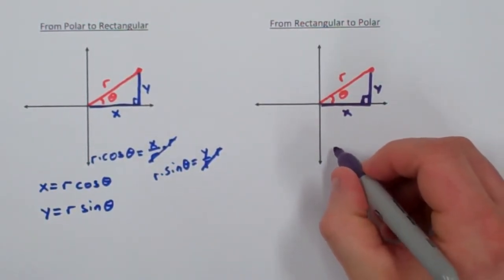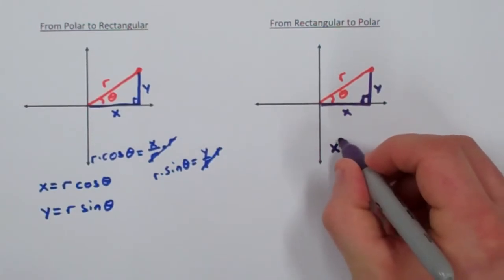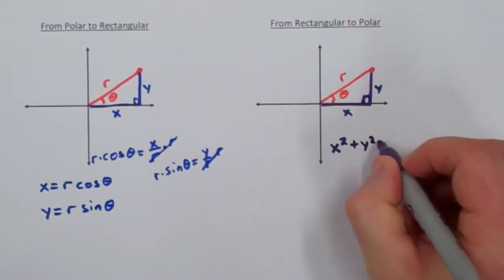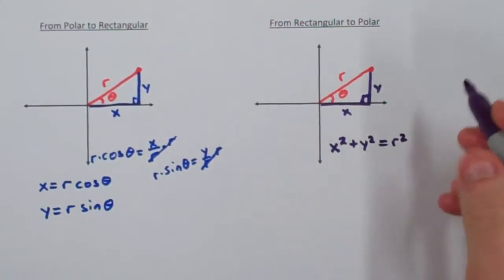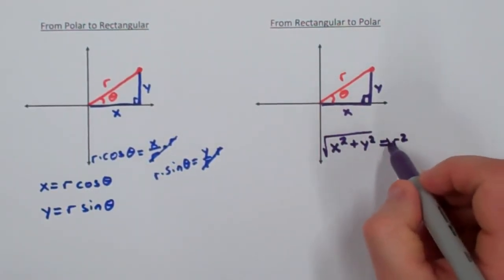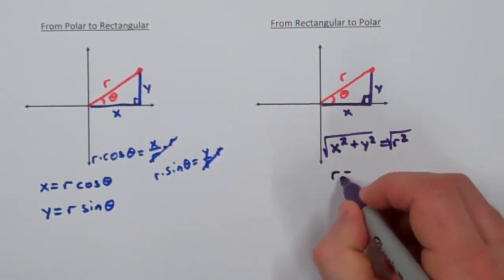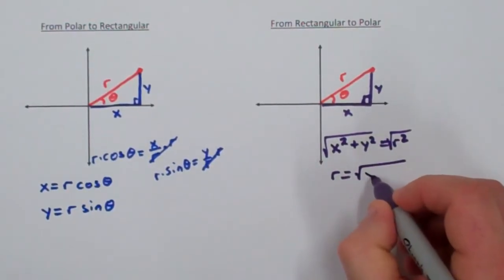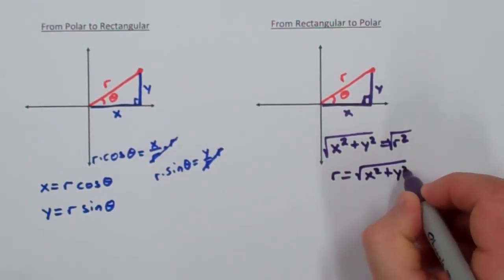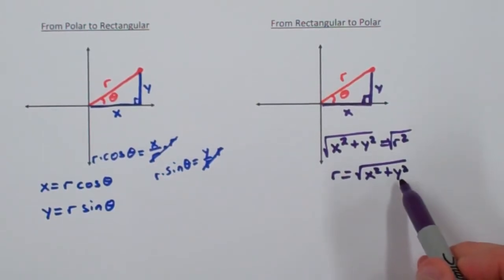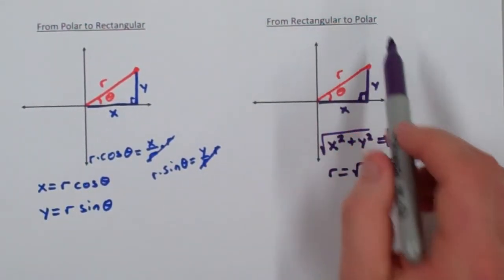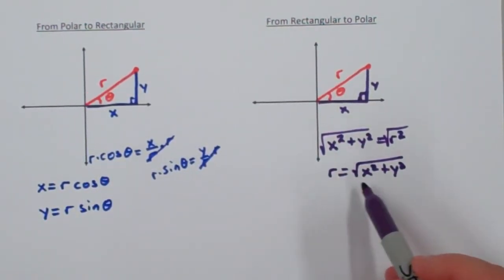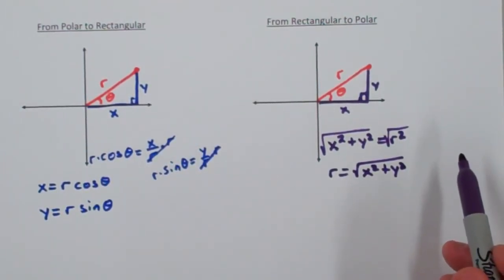So what we can do is set up the Pythagorean theorem, x squared plus y squared equals r squared. We could square root each side, and you'll note that r could be the square root of x squared plus y squared. So now if you're given the x and y, you have the rectangular. To get the polar, at least the radius, you just square root x squared plus y squared.